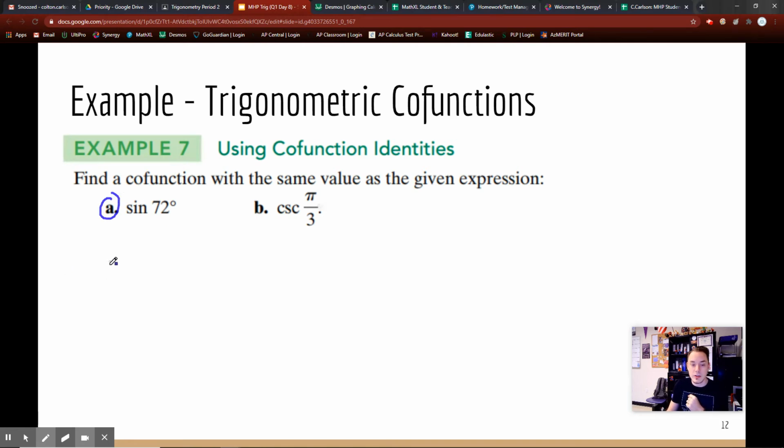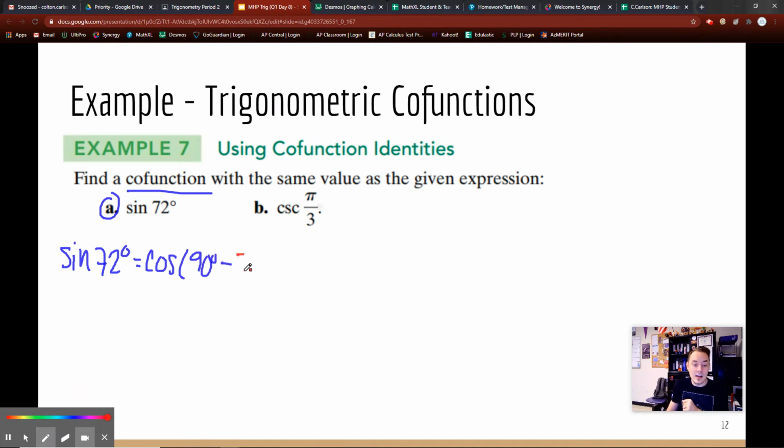What is a complementary angle or co-function angle of sine of 72? Well, I can write sine of 72 degrees equals the co-function of sine, which is cosine, and then I take 90 degrees minus what I was given, the 72 degrees. And this, of course, equals cosine of 18 degrees, and then I'm done.